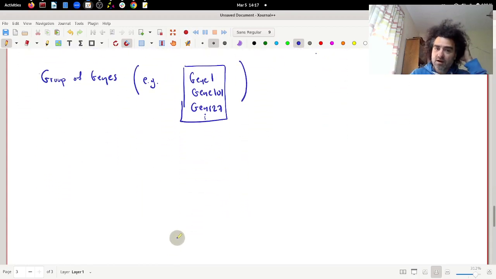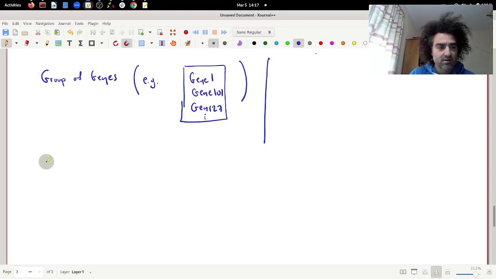Let's see how we approach this problem, to find out what these genes are doing, or with what attributes, with what terms they are related. Several biological terms are linked to each gene.